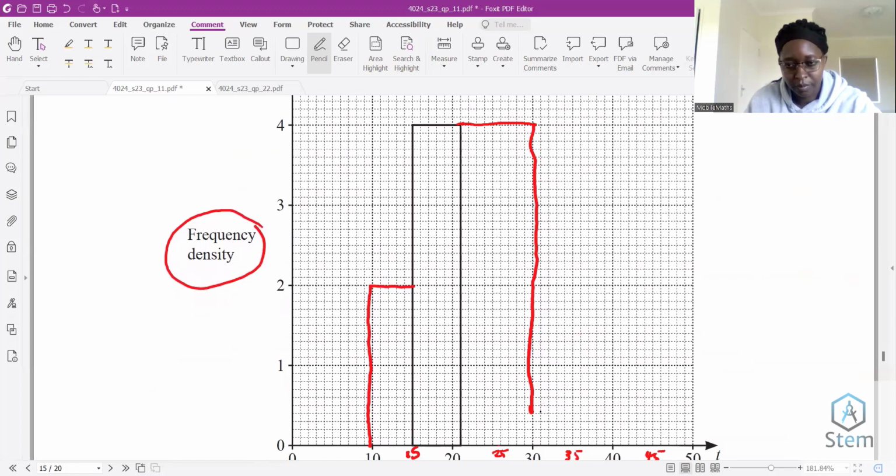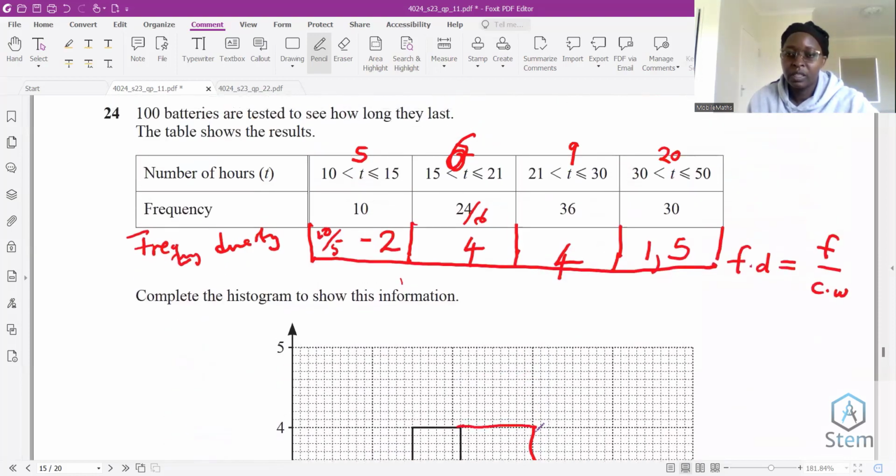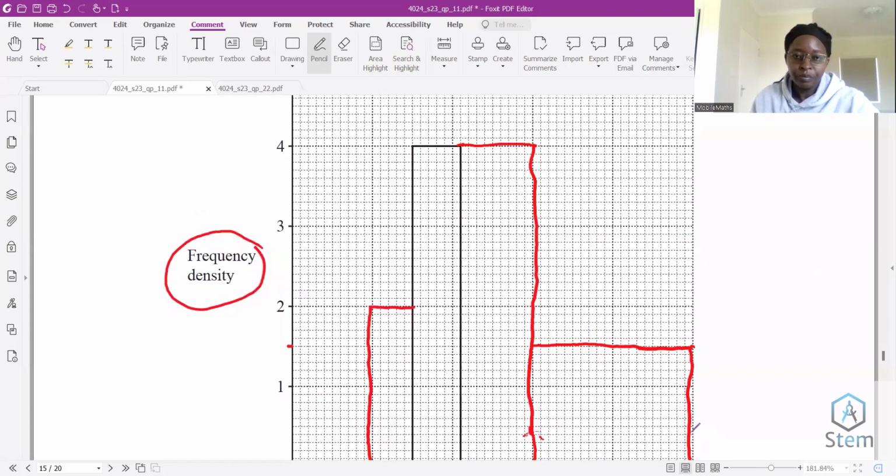Like that. Then from 30 to 50, that's 1.5. 1.5 is here, so I move here, somewhere here, 30 to 50. So this is basically our frequency density graph. Okay, we are done.